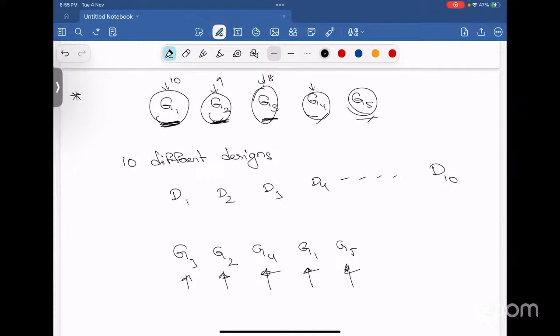So the order is not only not there for gifts, but is there an order for designs? There is no order for designs also. You don't have to give D1 first or D2 first. You can start from D10. You can start by giving D5 to the first gift box. There is no order for designs also.